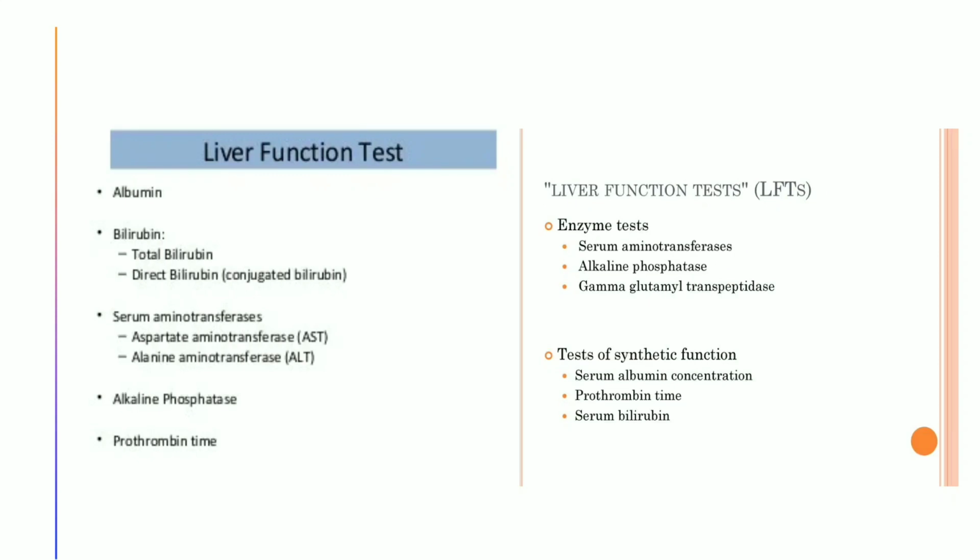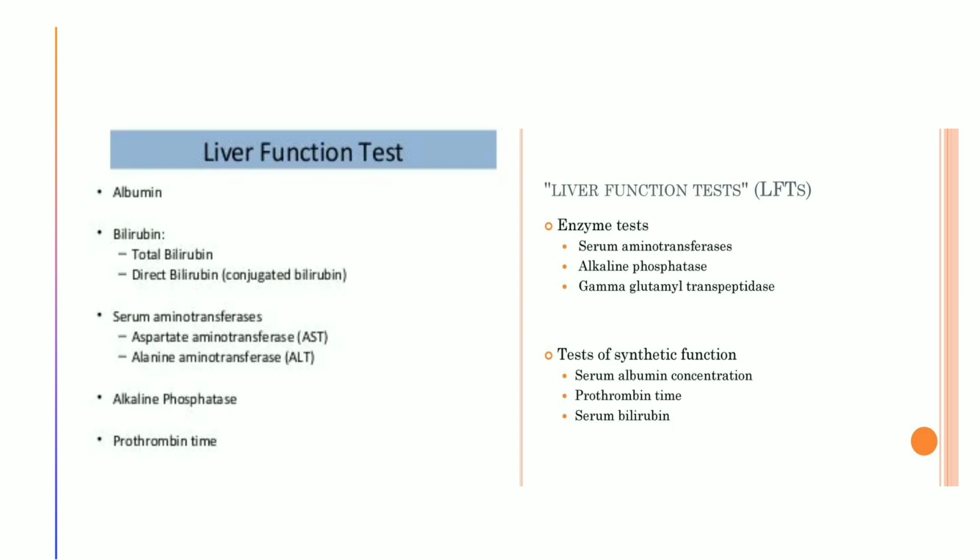Now, the liver function test: you will ask the subject to do the liver function test. What we see in the liver function test: we see the albumin, the total bilirubin, and by the direct method we see the conjugated and unconjugated bilirubin.